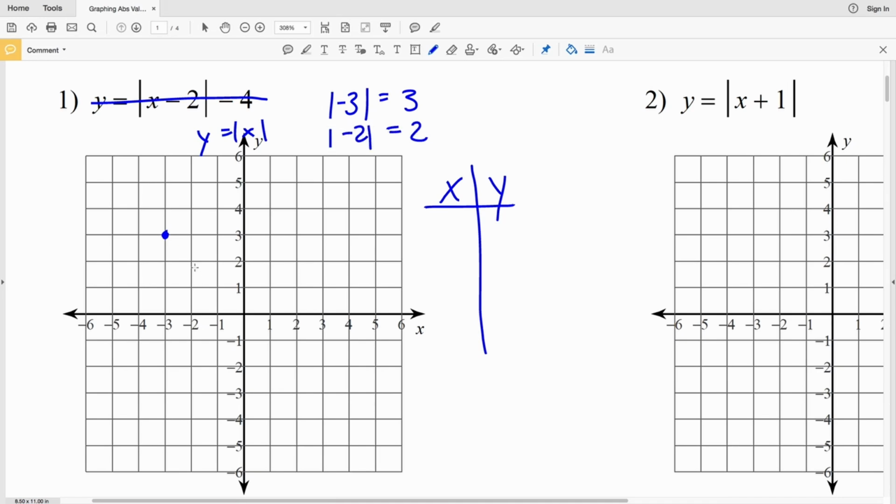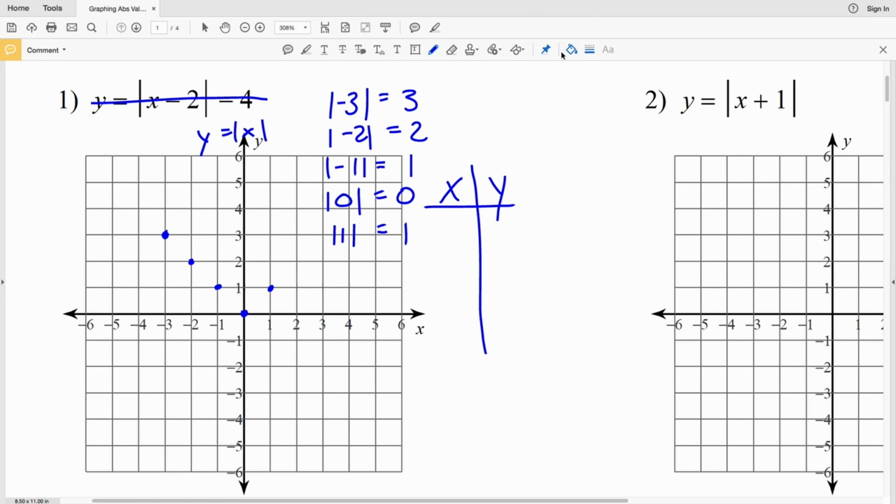Continuing on to negative 1, the absolute value of negative 1 is a positive 1, then the absolute value of 0 is 0, and then we'll get into positive 1, so the absolute value of positive 1 is a positive 1, and so on. We know that the absolute value of 2 will be 2, and the absolute value of 3 will be positive 3.